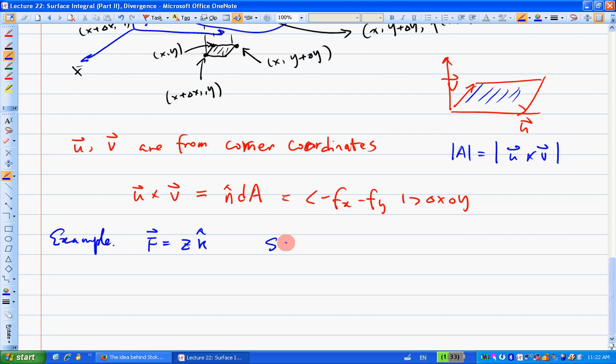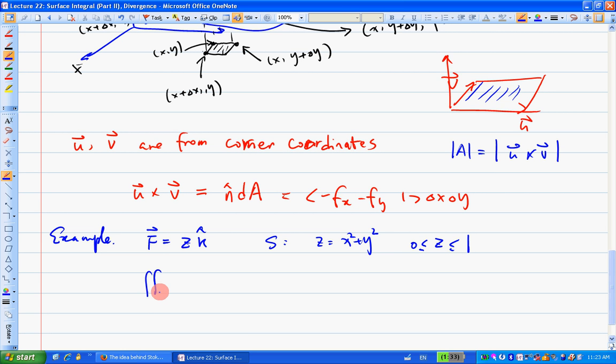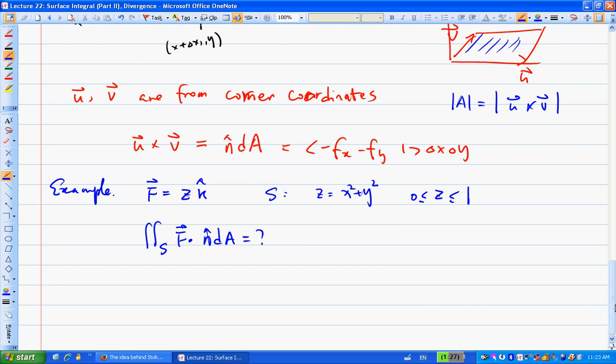And let's say my surface is z equal to x squared plus y squared, with z between 0 and 1. And I want the surface integral, or the flux, across this surface.